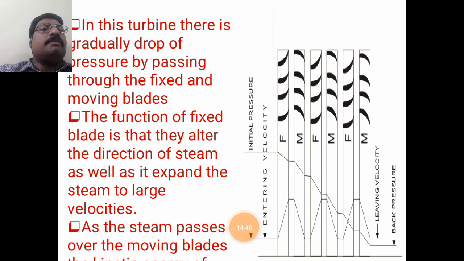Now, the exit pressure, which is equal to the back pressure, is less, and the leaving velocity will be reduced in the reaction turbine. So the reaction turbine itself acts as one of the compounding methods to reduce the rotor speeds.